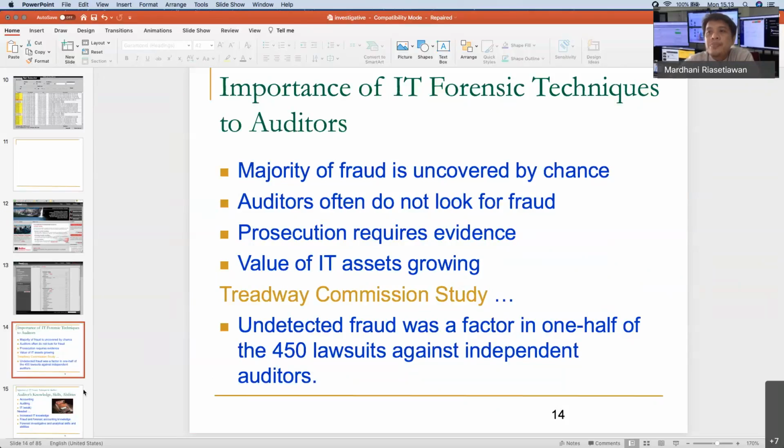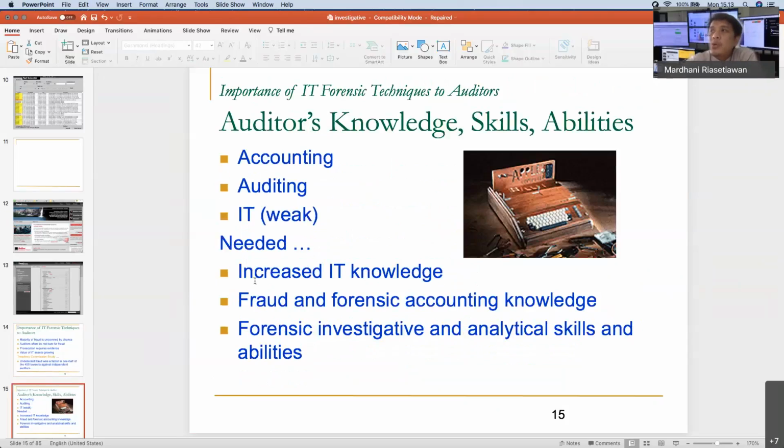As auditors, you need a lot of subsets of knowledge, from accounting, auditing, and information technology.